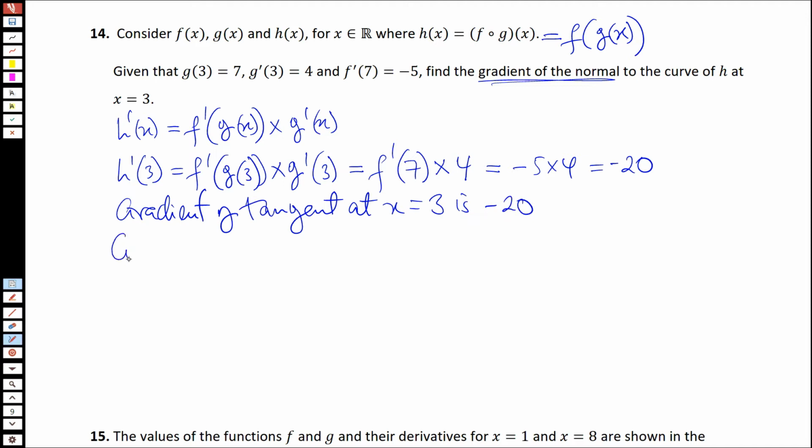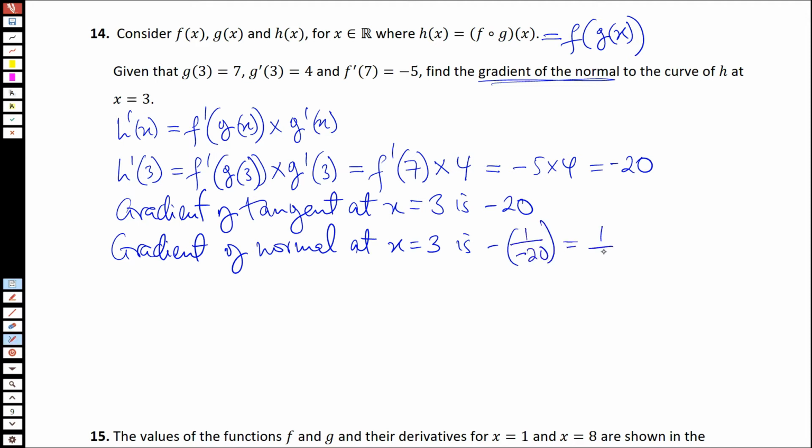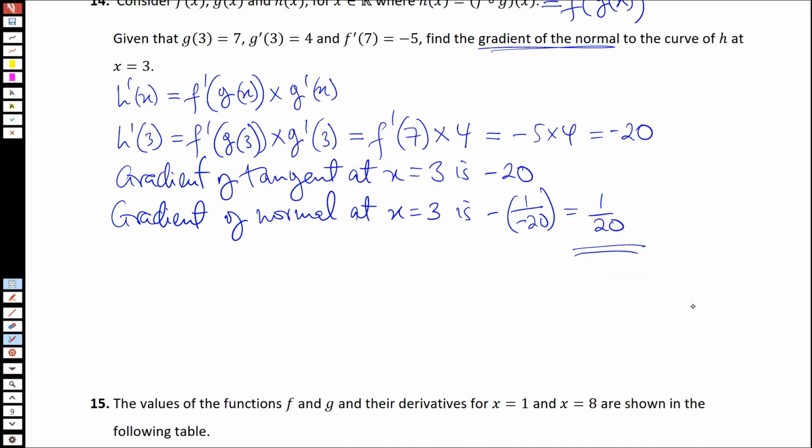So the gradient of the normal at x equals 3 will be the negative reciprocal of this, which is 1 over -20, and that will be 1 over 20. So basically, the gradient of the normal at x equals 3 is 1 over 20.